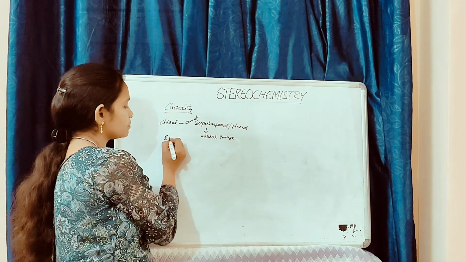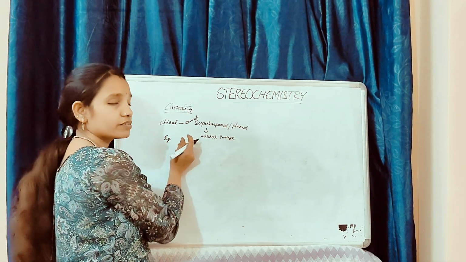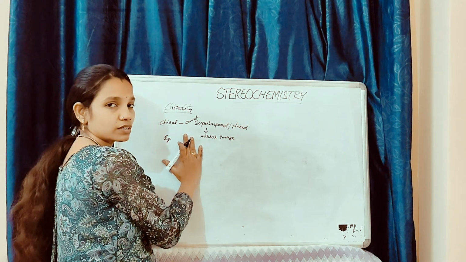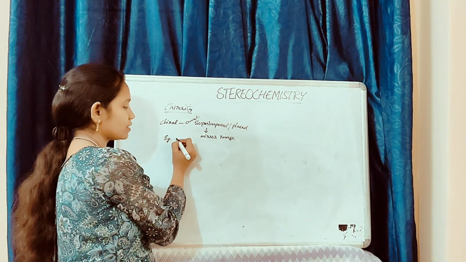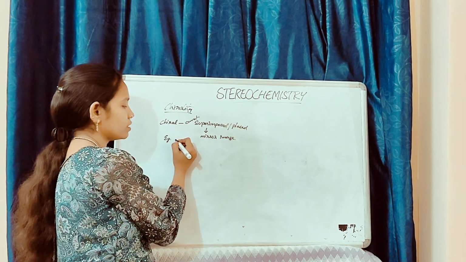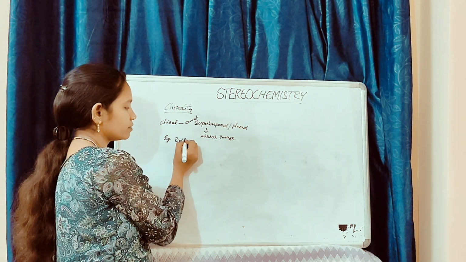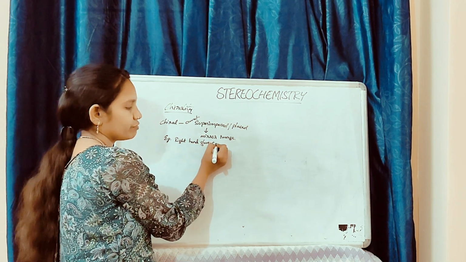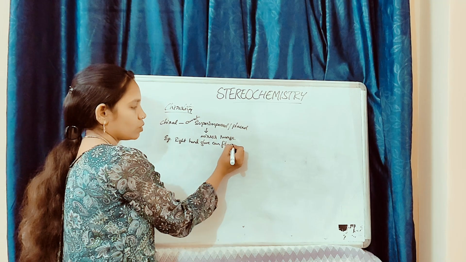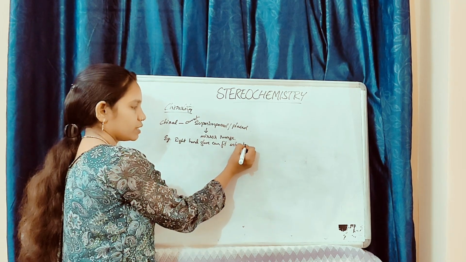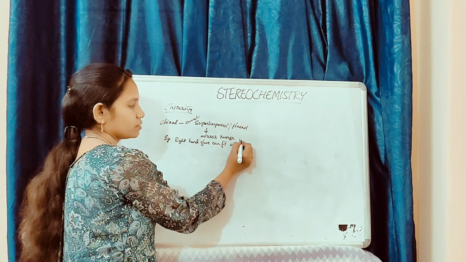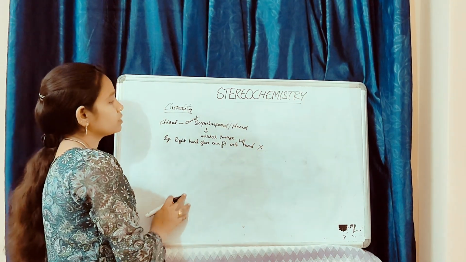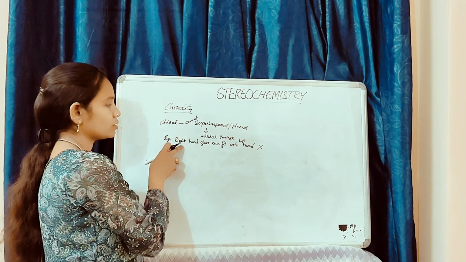If you take the example of the right hand and the left hand, can the right hand fit onto the left hand? Not exactly. Or if you take a right-hand glove, will it fit onto the left hand? No, right? That is nothing but the chirality concept.